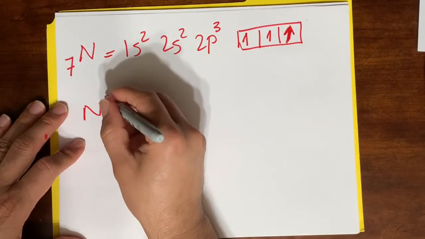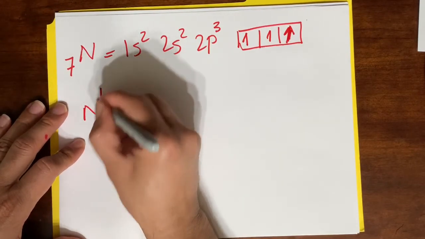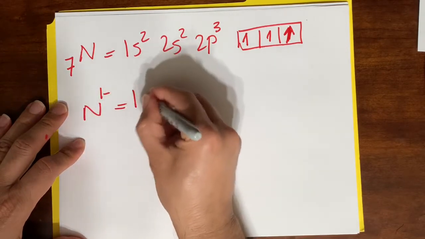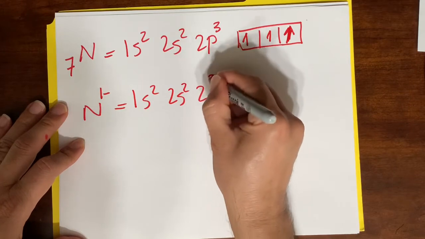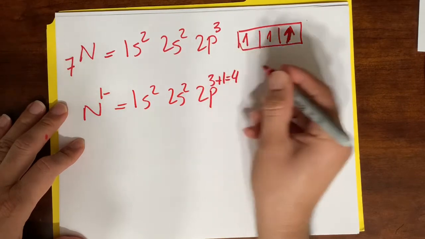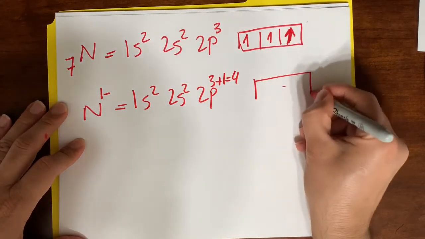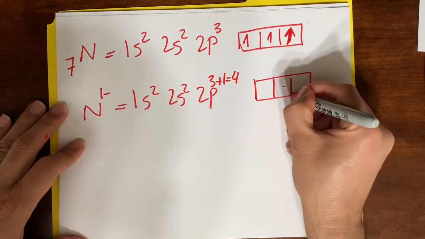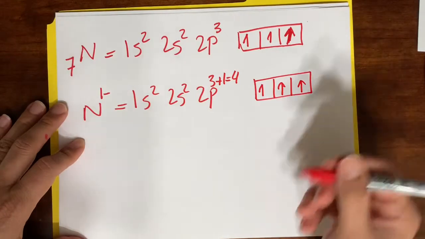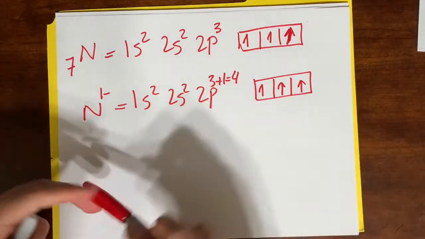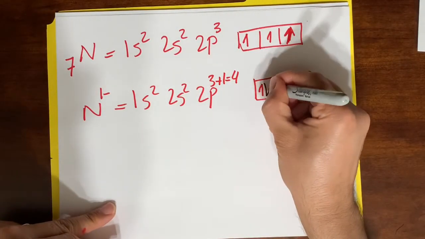So if you add 1 electron, it will be -1. In that case, it will be 1s2, 2s2, 2p, 3 plus 1, 4. So in the last orbital, go 1 in each, and now you don't have an option. The fourth one, you have to pair it.